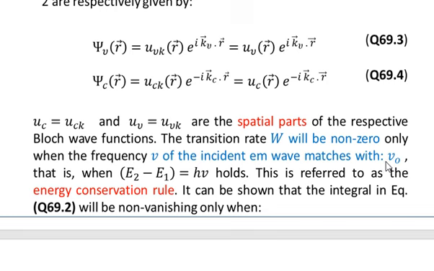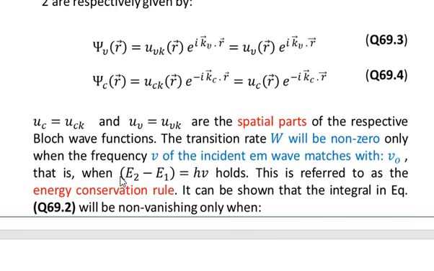Because you see that if the frequency of the incident wave does not match with the frequency of the transition, which is nu naught, because nu naught is the frequency that is required to carry out the transition. So if the frequency of the incident wave is not matching with the required frequency nu naught, then of course no transition will take place, and in that case the transition rate W will be 0.